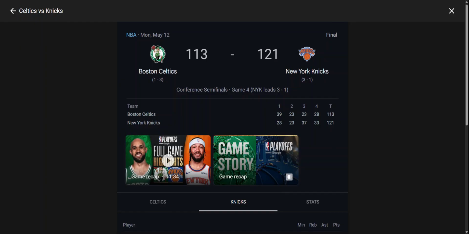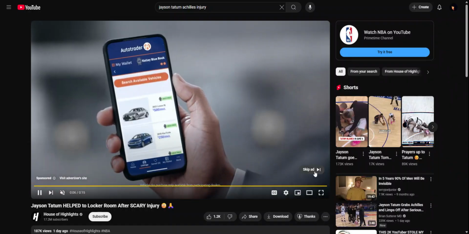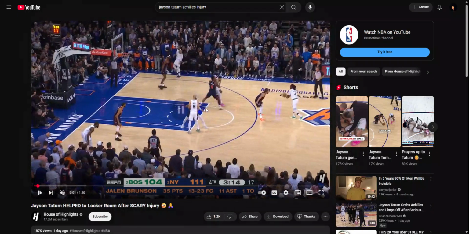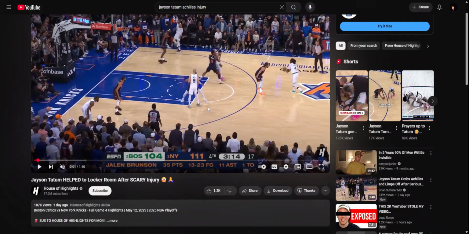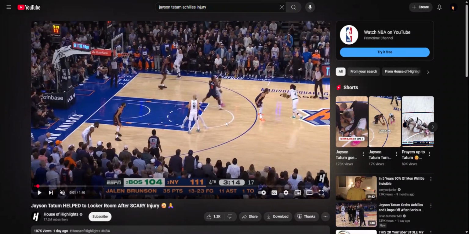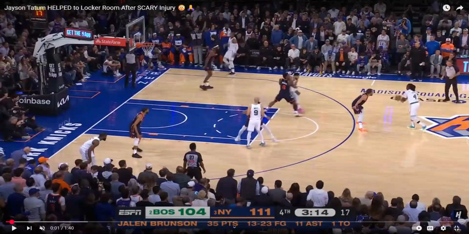Of course, there's going to be this ad that we got to muscle our way through over here. We'll see if we get the right video to look at. Okay. Helped to the locker room after scary injury. Okay, so I'm guessing that this was it. Again, he had a fall like a couple of weeks ago as well. So let's take a look here.